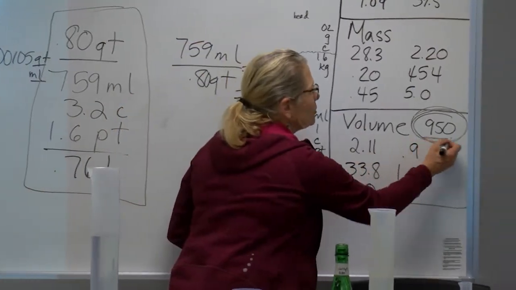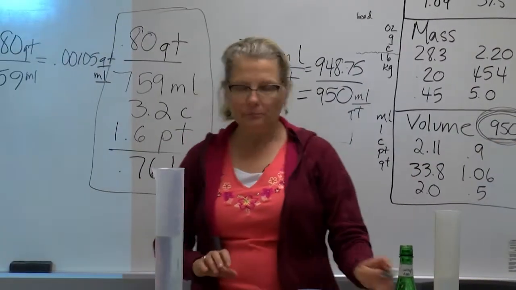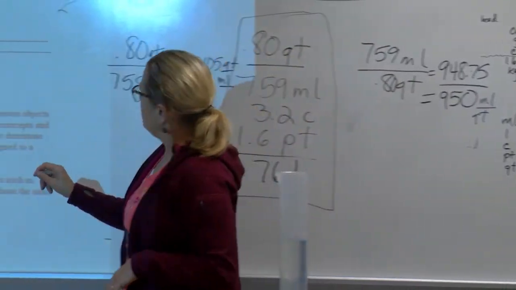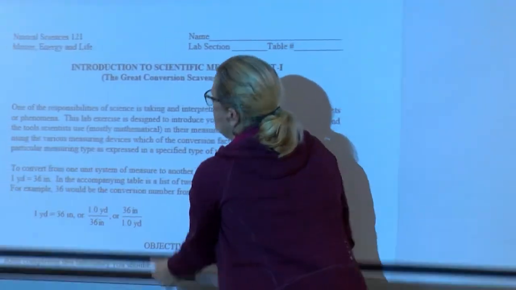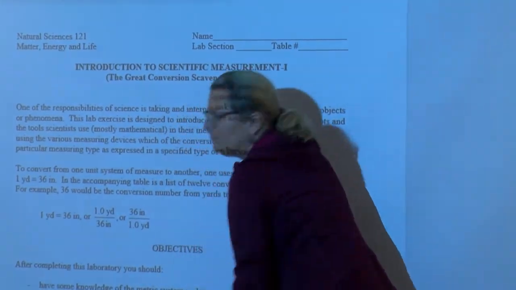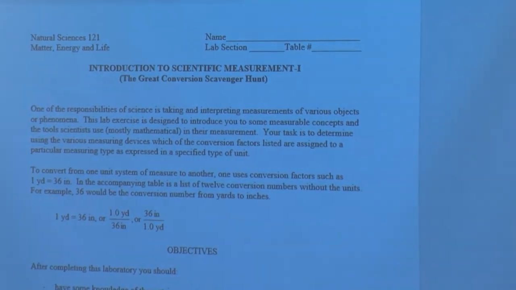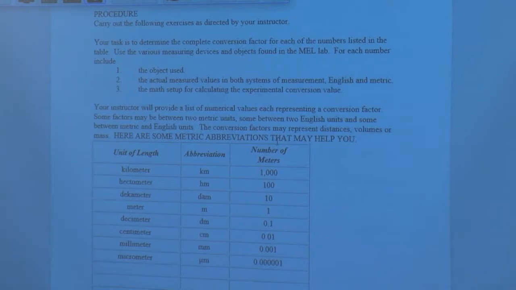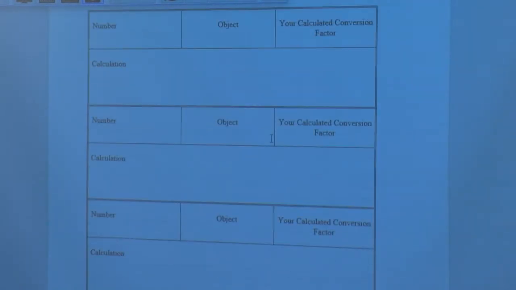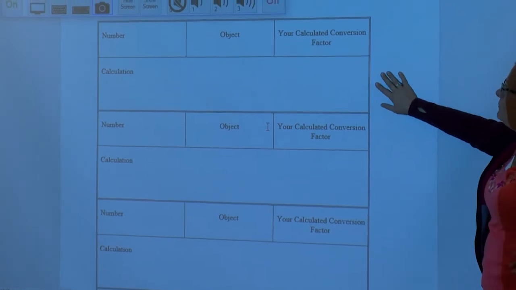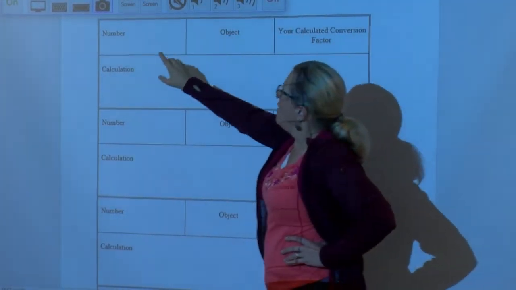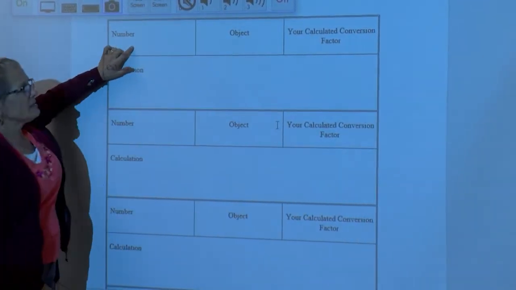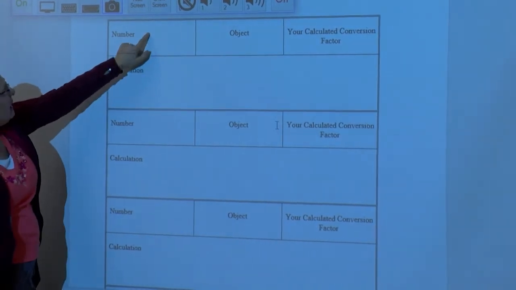We had a match with 950. Let's look at our lab for 1 second, and let's see where we would write our data down. So you have a data table. The number we matched this time was 950.